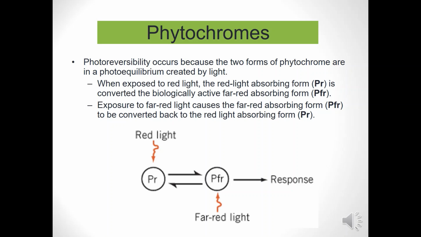If you look at the reaction, you can see they have PR and PFR and the arrow is reversible, PR to PFR and PFR also converts to PR. This process we call photoreversibility of the phytochromes, and it is responsible for seed development or seed germination, or in the bigger scope, plant development.